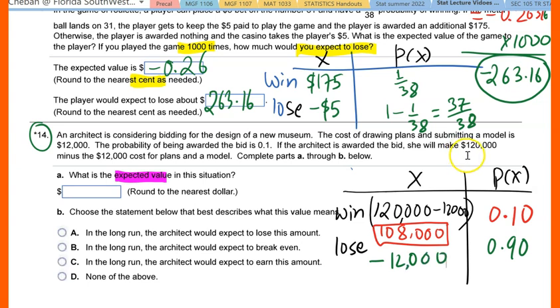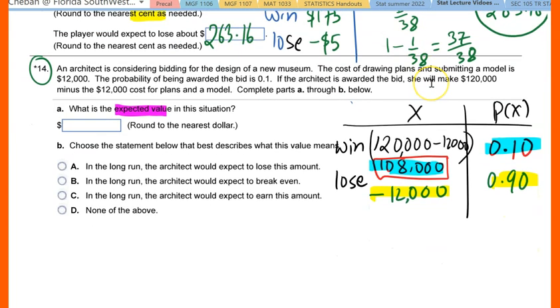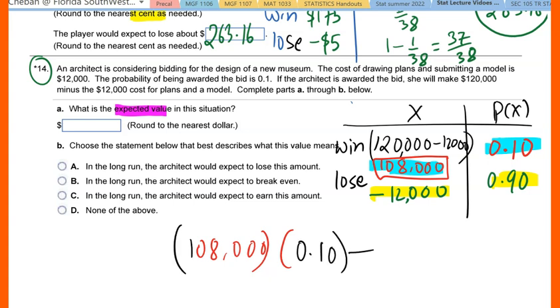Therefore, you have the outcome and the probability, and you multiply and add to find the expected value. You're going to get 108,000 times 0.10 plus negative 12,000 times 0.90.